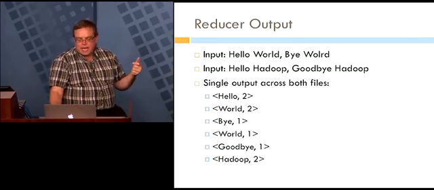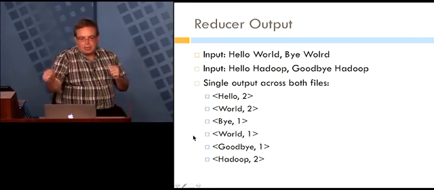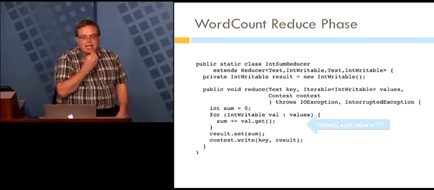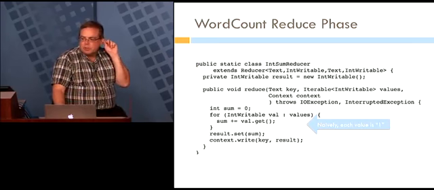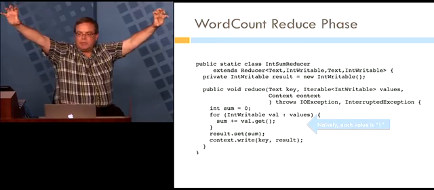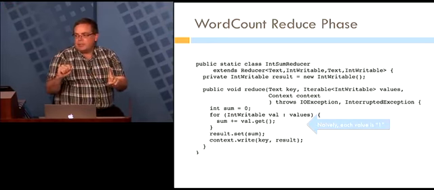And then it would have gotten as input world 1 and 1, and by and a list containing 1. So the reducer here, all it's doing is adding up the count of words. The hellos may have come from different mapper nodes. They're at the same reducer node, and now it just adds them up.